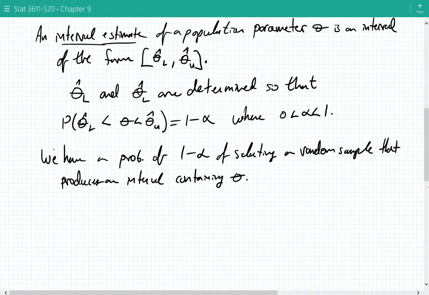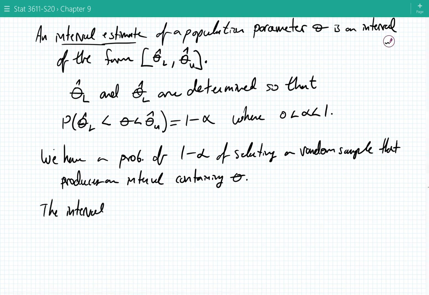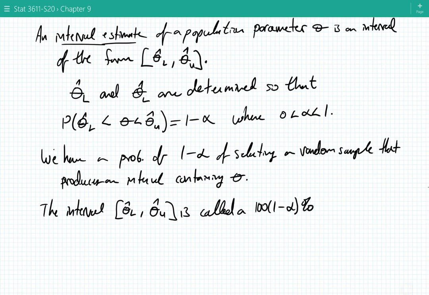Okay. This is what is called a confidence interval. And we tend to say it's a 95% confidence interval, or a 99% confidence interval, so it's prefaced with the percentage of confidence. That is 100 times 1 minus alpha percent confidence interval.